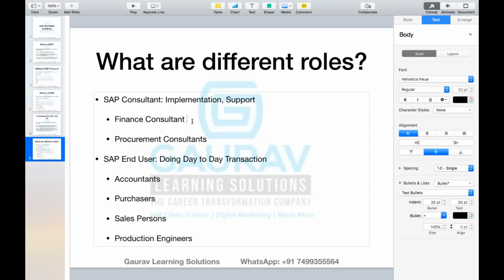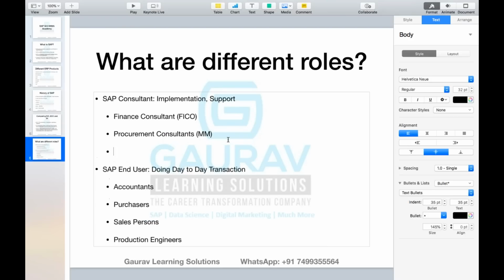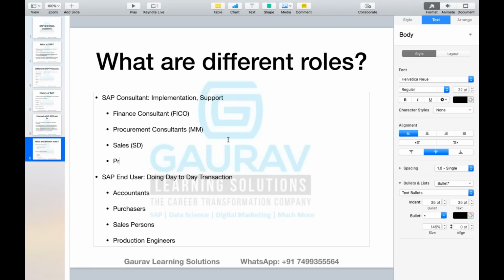When we say FI, it is nothing but FICO consultants. When you say procurement consultants, it means MM. When you say sales and distribution, it is nothing but SD. And when you say production, it means the PP module in SAP.